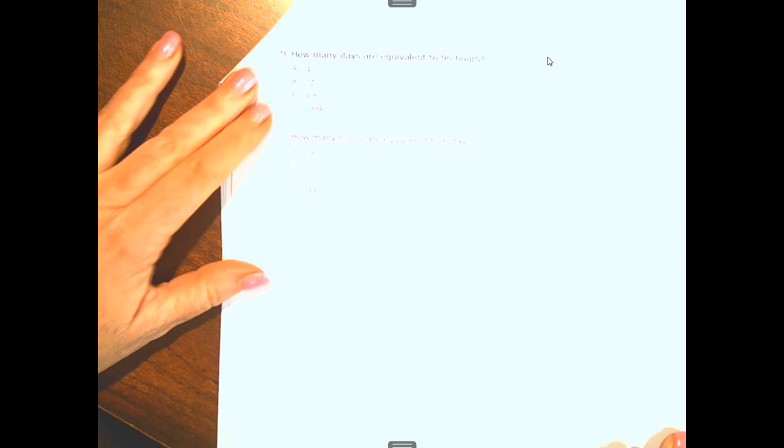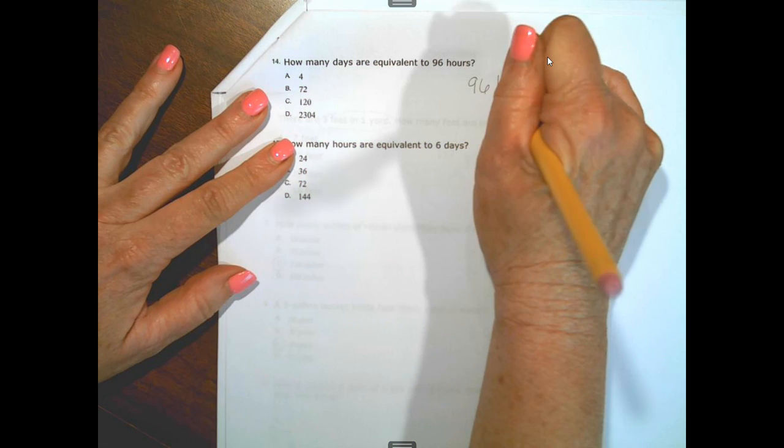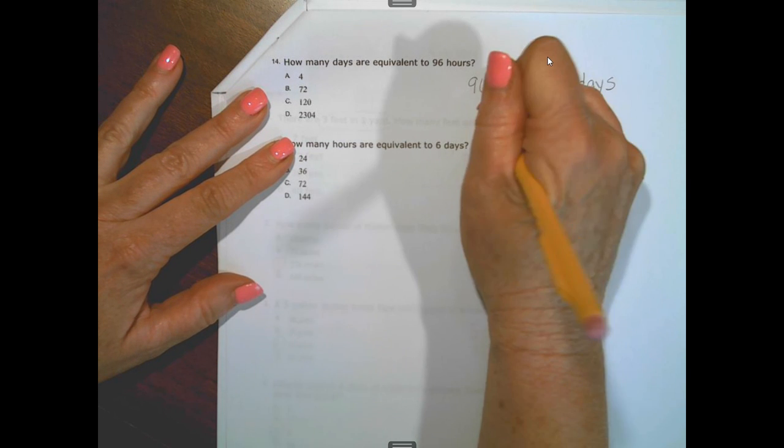Moving right along, number 14. How many days are equivalent to 96 hours? So let's set up our conversion. 96 hours equals blank days. All right. So an hour is a smaller unit of time than a day, right? Hours are smaller, so we're going to be dividing.